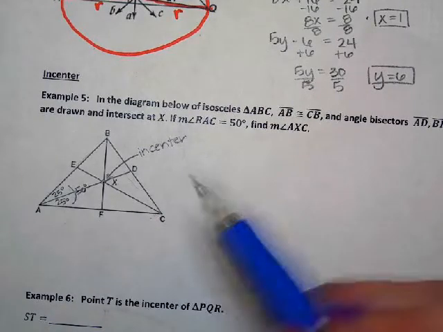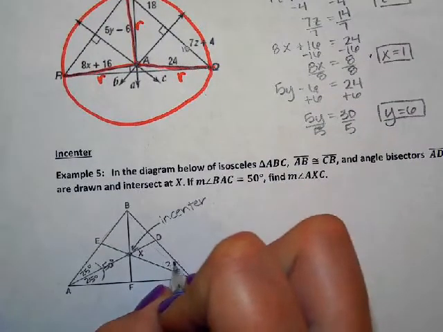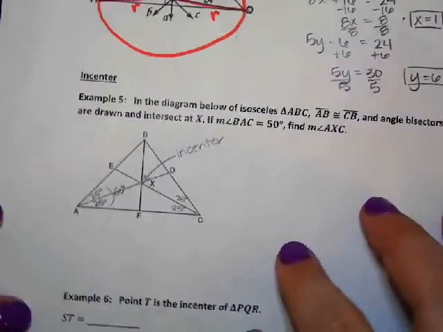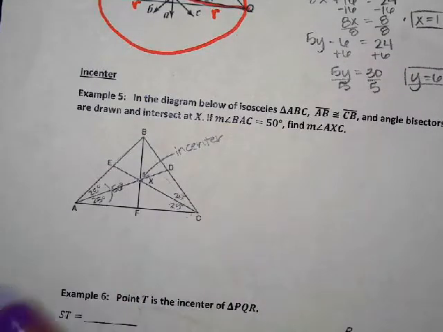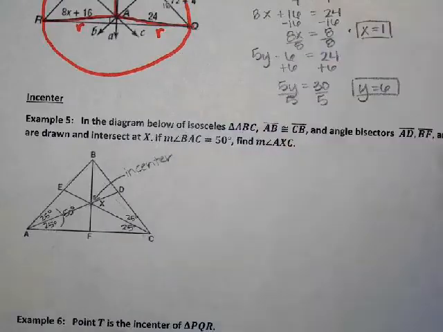The problem says find the measure of angle AXC. How are we going to do that? AXC is right up here.